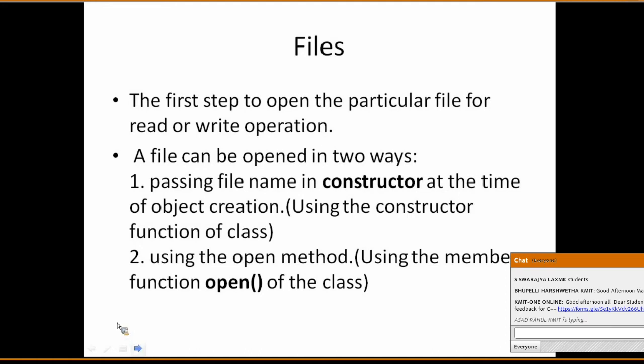Then we have different steps to open a particular file for a read or write operation. If you want to open a file, we can open it in two ways.